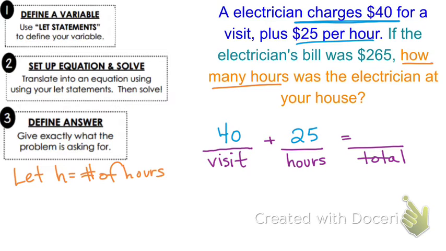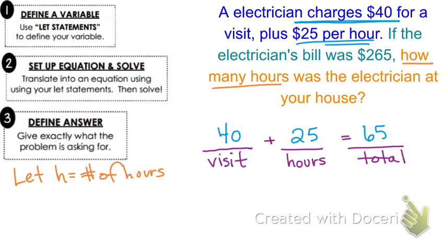So 40 plus 25 is 65. Are they always going to charge me $65? No. Remember, this is $25 per hour. So if they're there 1 hour, it's just $25. If they're there 2 hours, it's 25 times 2, $50. If they're there 3 hours, it's 25 times 3, it's $75.